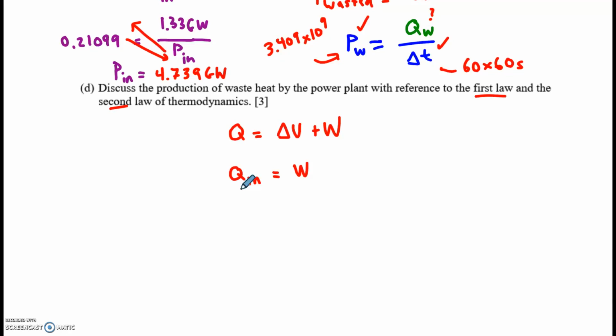The input heat, some turns into useful output, and the rest turns into wasted heat, right? That's the second law when we express it using the heat engine form. Is that Clausius? Is that Kelvin? Which one is that? That's for you to go study up on. Remember, you have to know those forms, be able to state the second law, kind of word for word, the way we practiced.